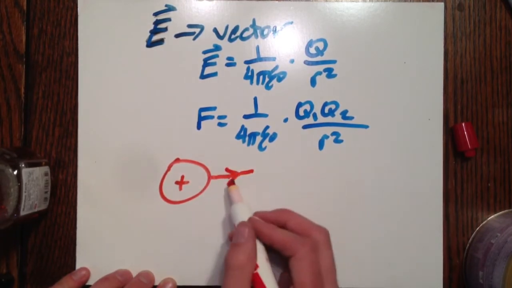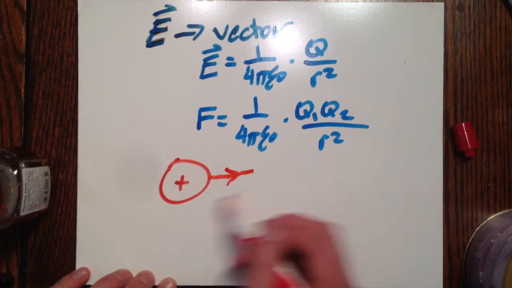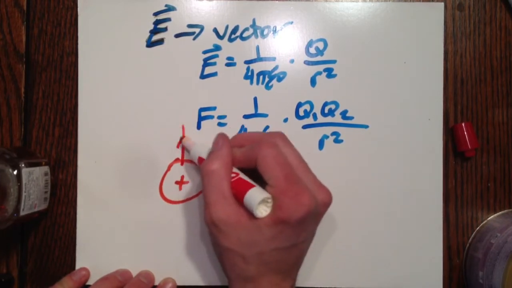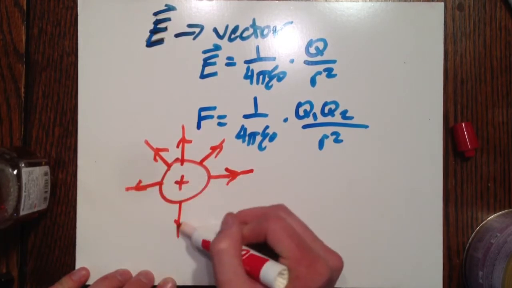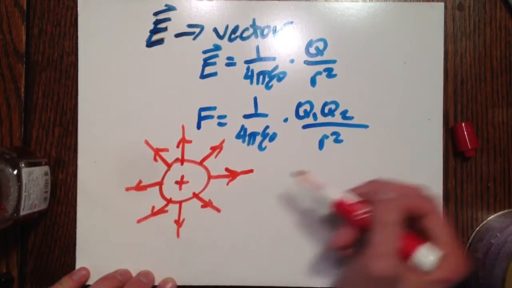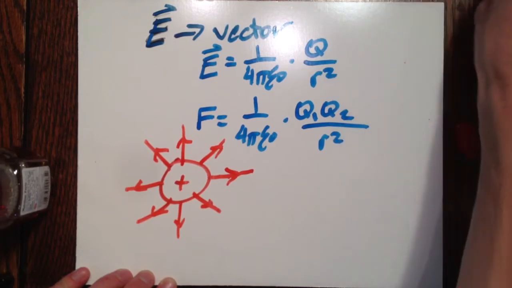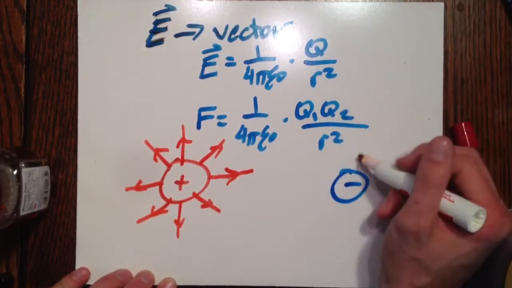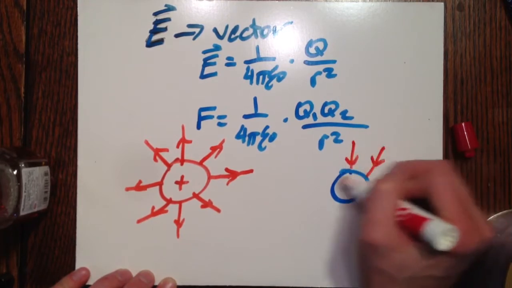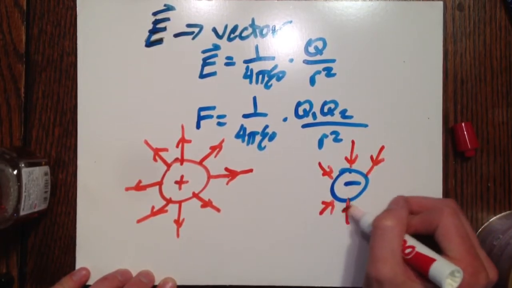Positive charge would be repelled from another positive charge. So the electric field flows out from a positively charged particle. Then it follows suit that if I have a negative charge, my electric field is going to flow in, like so.